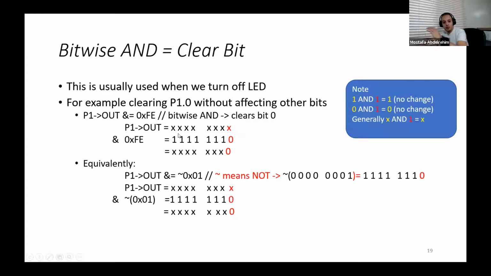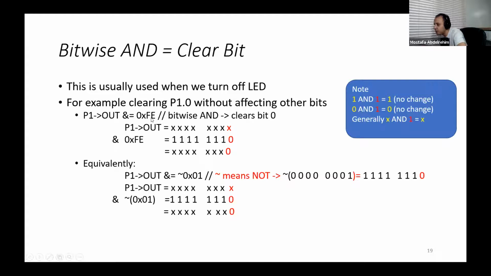Now we want to do the opposite: clearing a bit. So what you're going to do exactly is this line of code. For that example, we want to clear bit 0 in port 1, P1 OUT, port 1 pin 0. Now we want to bitwise AND with another value, not 0x01 like the bitwise OR.